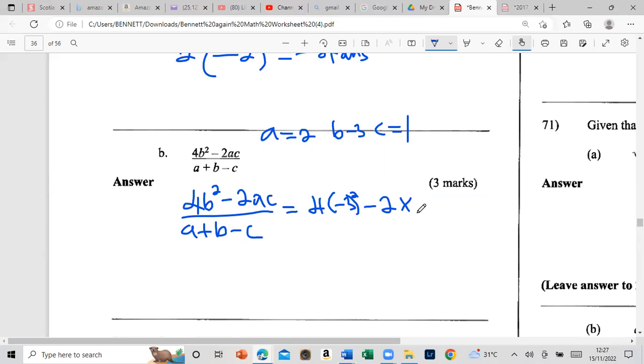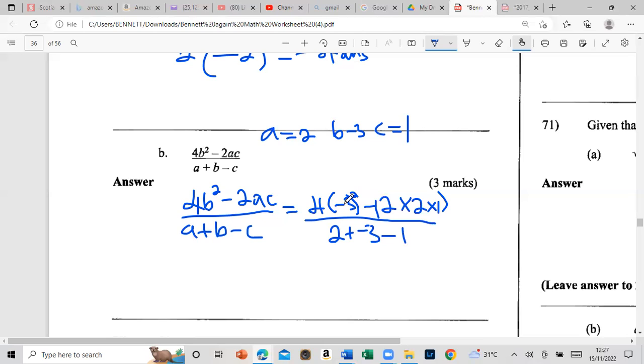A is 2 times C, which is 1. I'll put that in a bracket to make it very comfortable. And then we have A plus B, so that's 2 plus negative 3, minus 1. Very nice question.